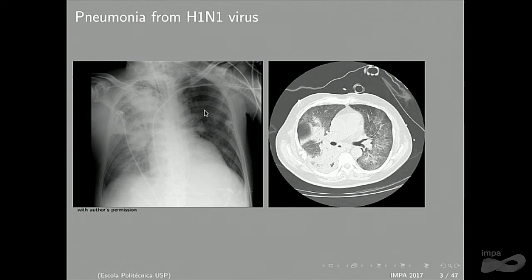Here we have on the left an X-ray showing some changes in the right lung, and the CT scan slice in the right figure. This figure was given to me with permission to show by Marcelo Amato.